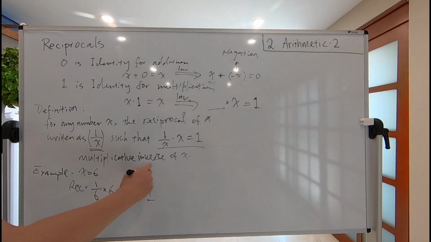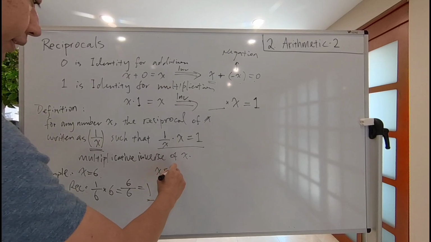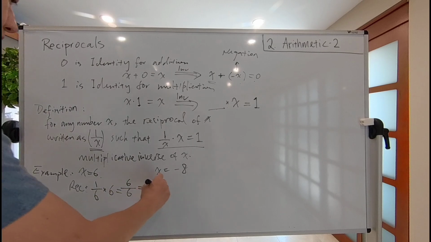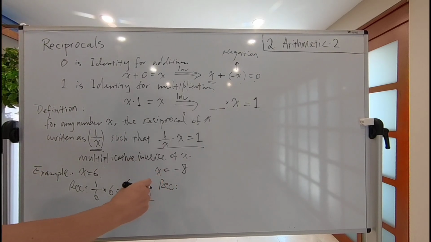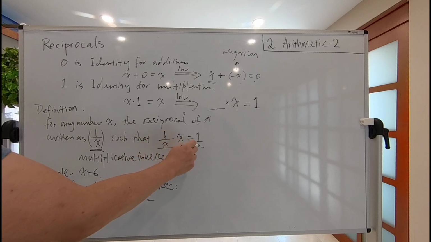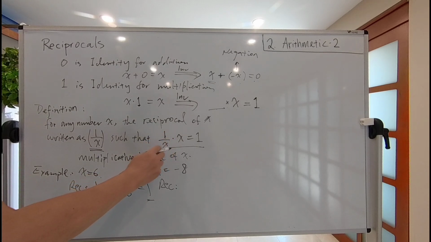Or maybe let's give another example involving different signs. If x equals -8, then the reciprocal of this number should also be a negative number, because eventually we want the product to equal 1, which is positive 1, which means both numbers should be either both positive or both negative.